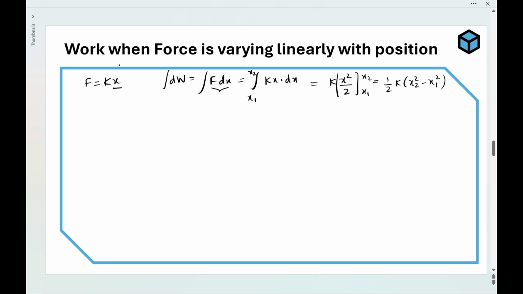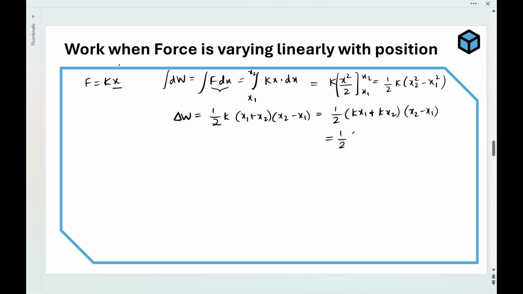Okay, but there is a very interesting thing hidden here. Delta W we can write as half k into x1 plus x2 into x2 minus x1. We can write this as half kx1 plus kx2 into x2 minus x1.